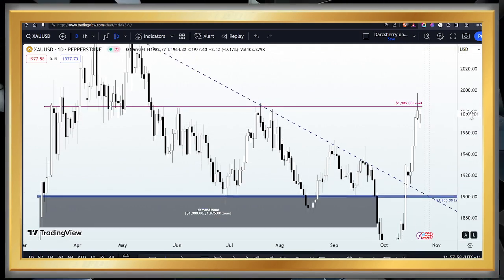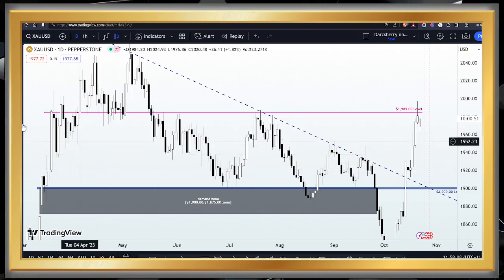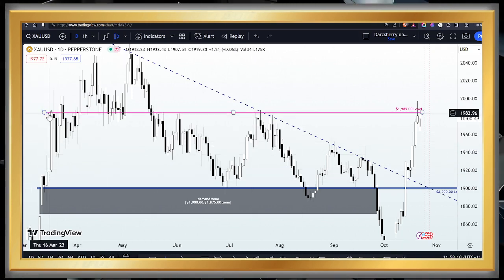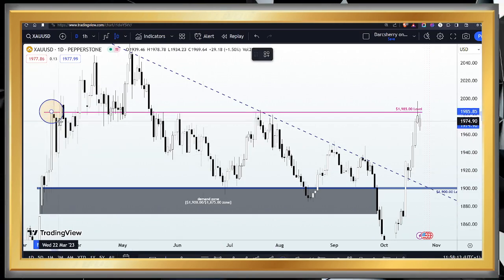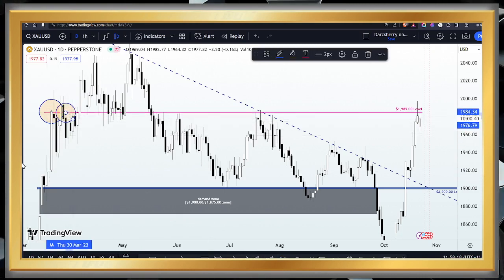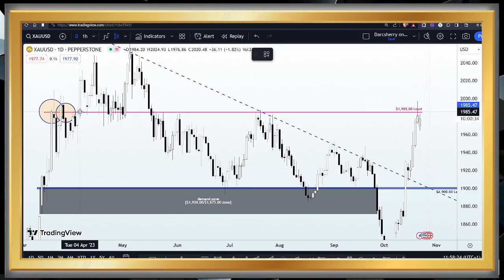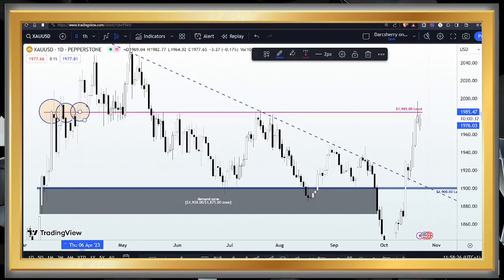And the reason why I will be adopting the 1985 as our key level for this week is simply because of how this area has played a major role in determining the direction of price action since the month of March. Now, let's look at what happened in the month of March here. We saw selling pressure. It was more of selling the XAUUSD as buyers were finding it difficult to break through that area, and not until the month of April did we see the breakout of that structure.